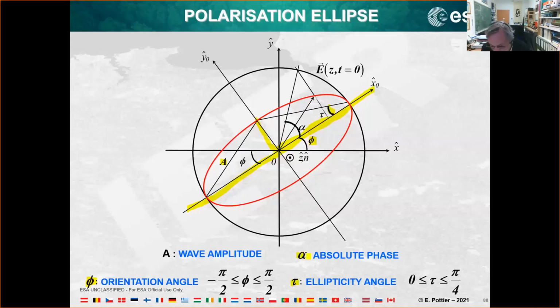So some points concerning alpha. Alpha is something that is impossible to measure. It is due to the physics. It is the position of the electric field at the output of the antenna. So just at the output of the antenna, at the position z equals 0, and time equals 0.